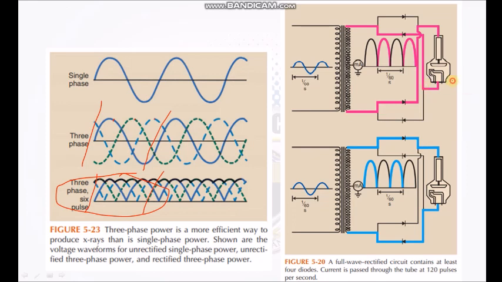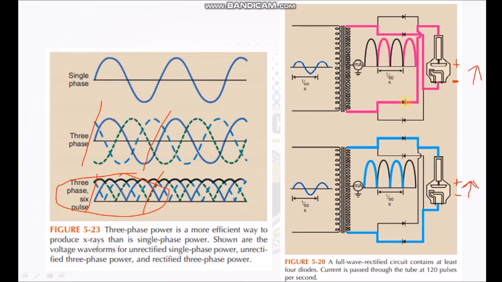Okay, so this is the negative side. This is the positive side. Again, this is the cathode. This is the anode. And again, electrons are only allowed to flow that way, cathode to anode.